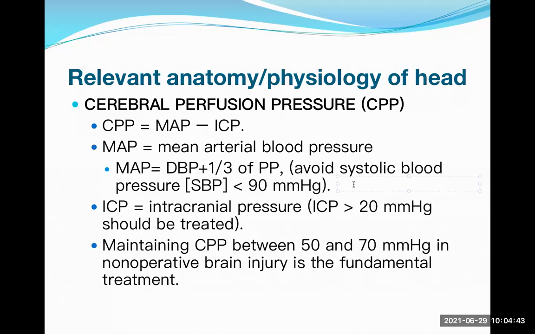Calculate the mean arterial pressure of a patient who has a systolic blood pressure of 150 millimeters of mercury, and a diastolic blood pressure of 90 millimeters of mercury.